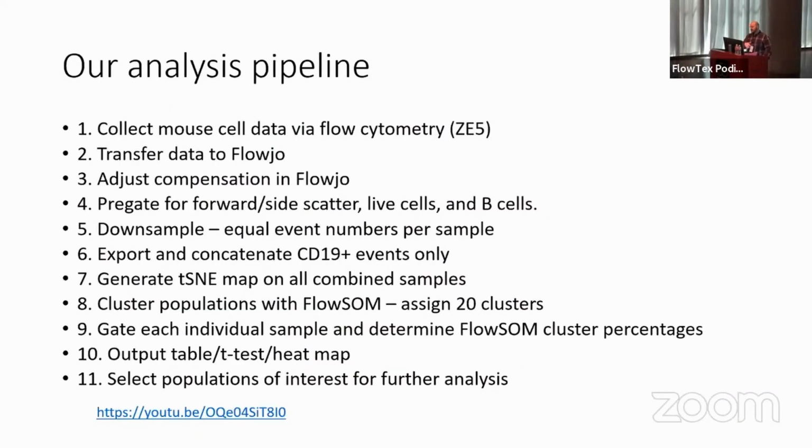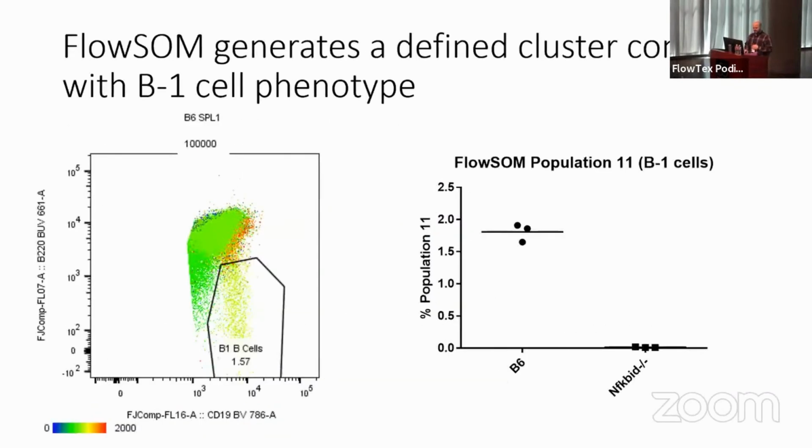Here's our analysis pipeline, but it's similar to all the things that we've heard about in the last 2 days. What we were able to do was first, I wanted to see, can we consistently find with FlowSOM, will it cluster these B1 B cells? Did I say B2 earlier? I apologize if I said B2 earlier.